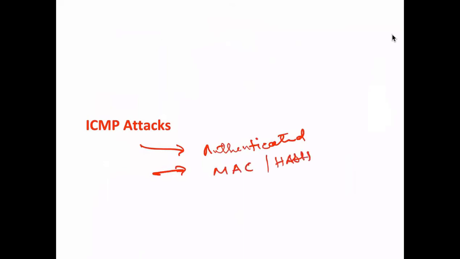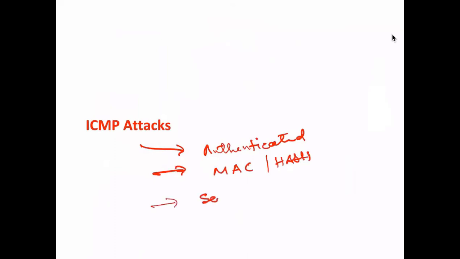Now using this, what kind of attacks can we do? A good number of attacks happen using ICMP, because note that ICMP messages are not authenticated. There is no MAC or hash kind of thing. Who is sending?